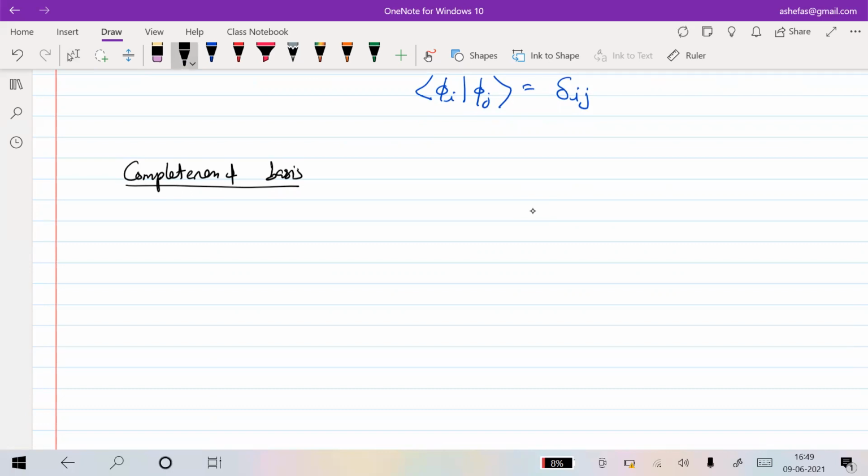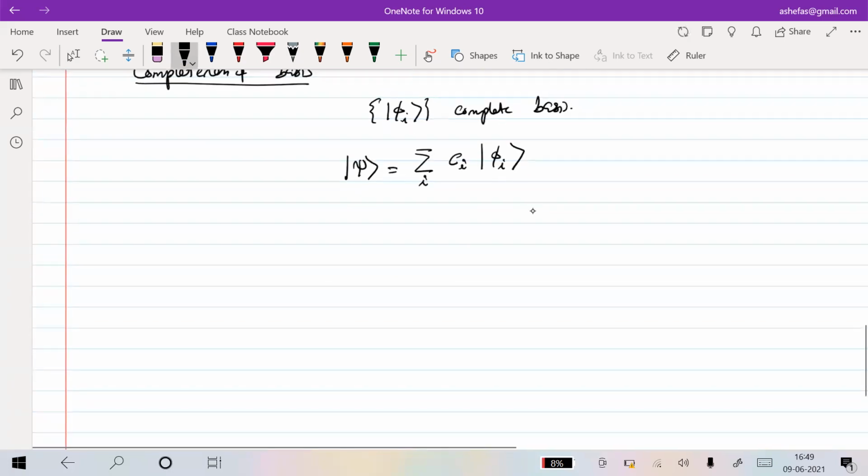Okay, now consider ket phi i is a complete basis. Then any vector psi we can expand in terms of phi i. So a vector psi I can write as sum over i, the expansion coefficient ci times phi i.